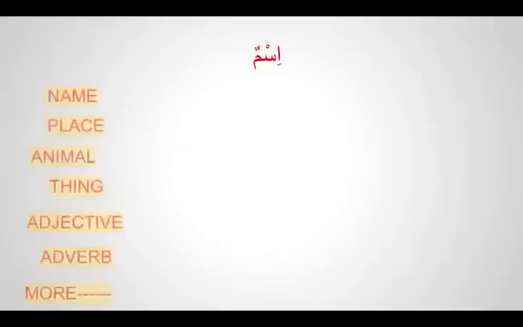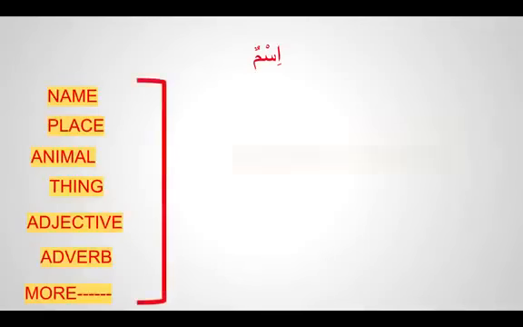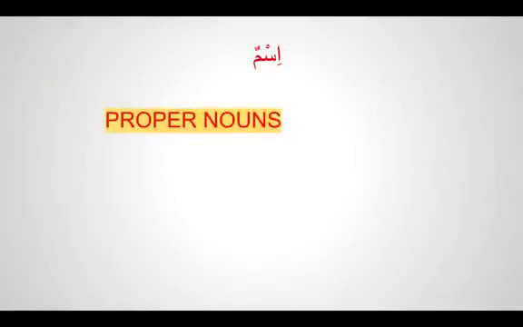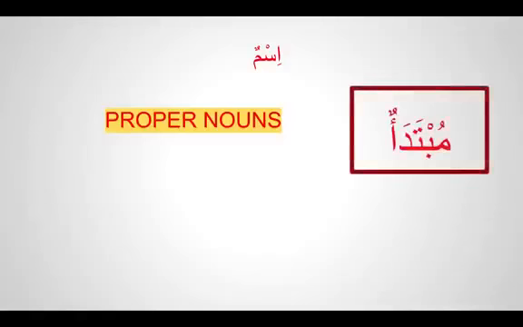So what are these words called? All these things can be put together and they are called proper nouns. So these proper nouns, when you see them at the front of a sentence, then you know that is a mubtada. So what are the other ways that can be a mubtada in a sentence?